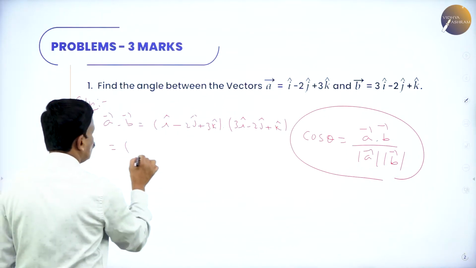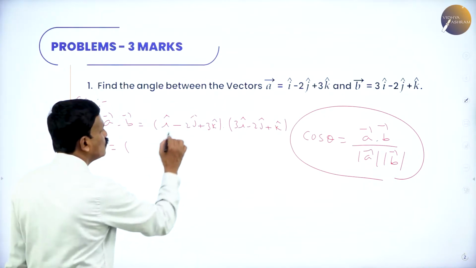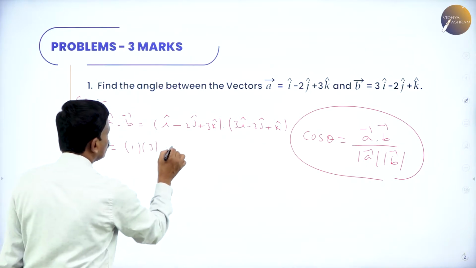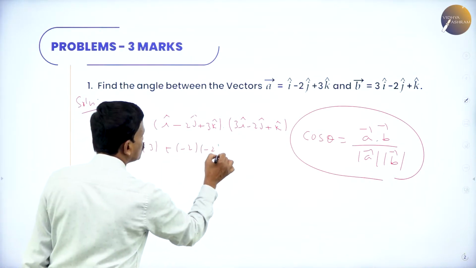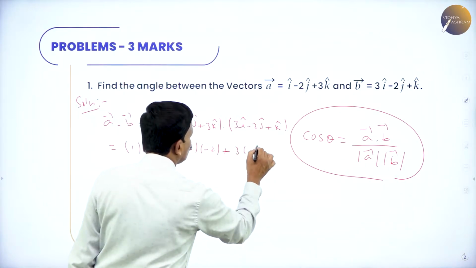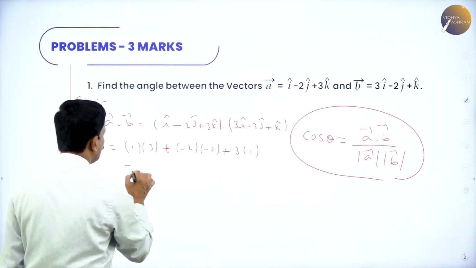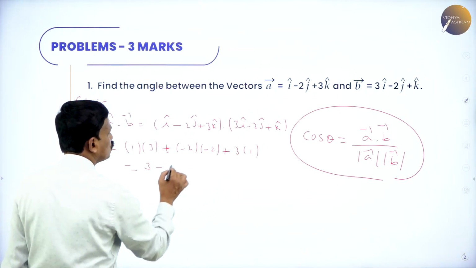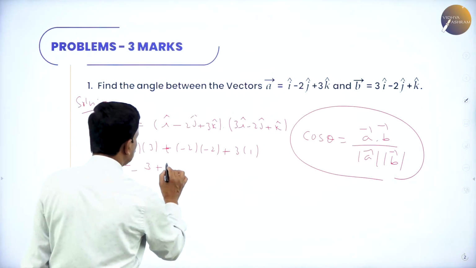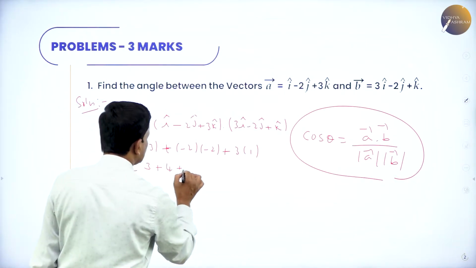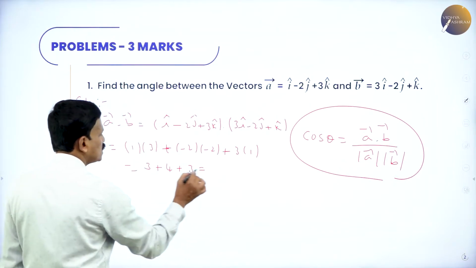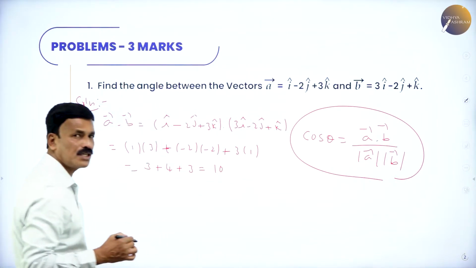Just multiply the coefficients of i, j, k cap. 1 into 3 plus minus 2 into minus 2 plus 3 into 1. So this is equal to 3, plus 4, plus 3. So 4 plus 3 is 7, plus 3 is 10. A dot B is equal to 10.